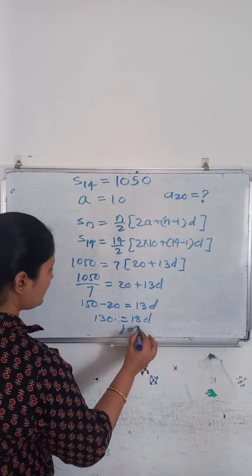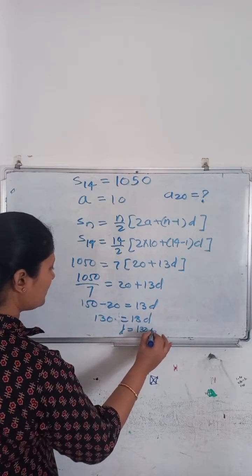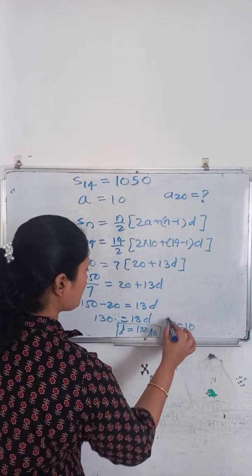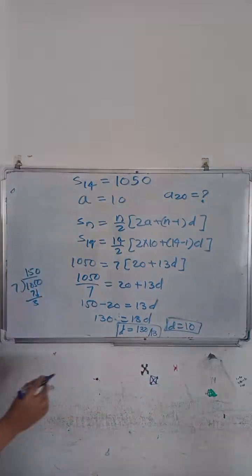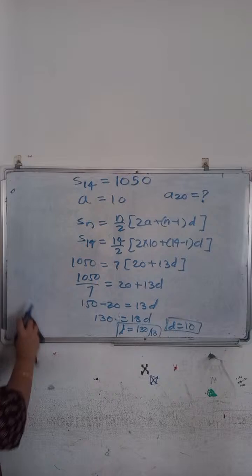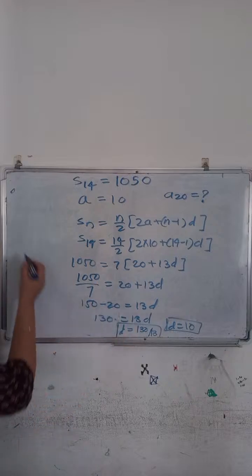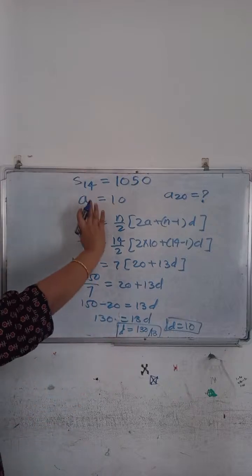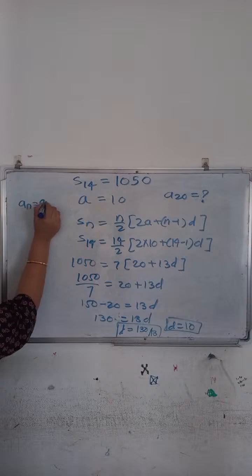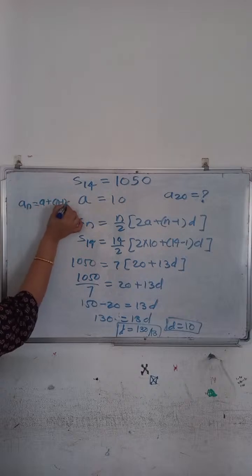So d is 130 by 13, that is nothing but d is equal to 10. So I got the common difference as 10. First term I know, and we want to find the 28th term. From the given sum of the terms we calculated d. Now the 28th term we have to find, so an is equal to a plus n minus 1 into d.